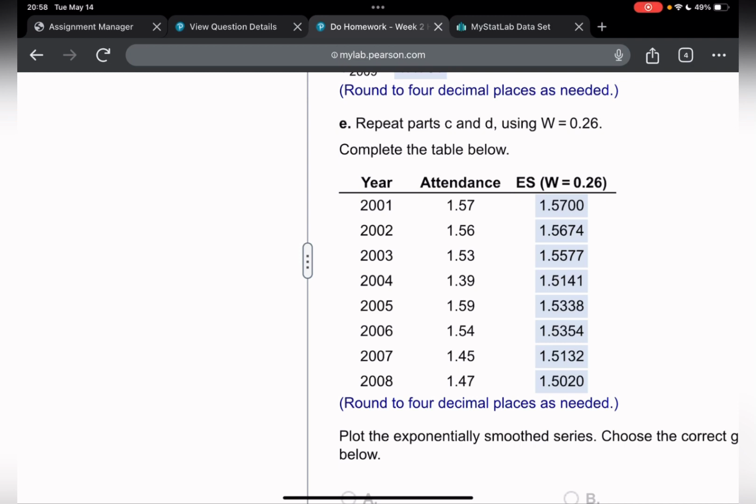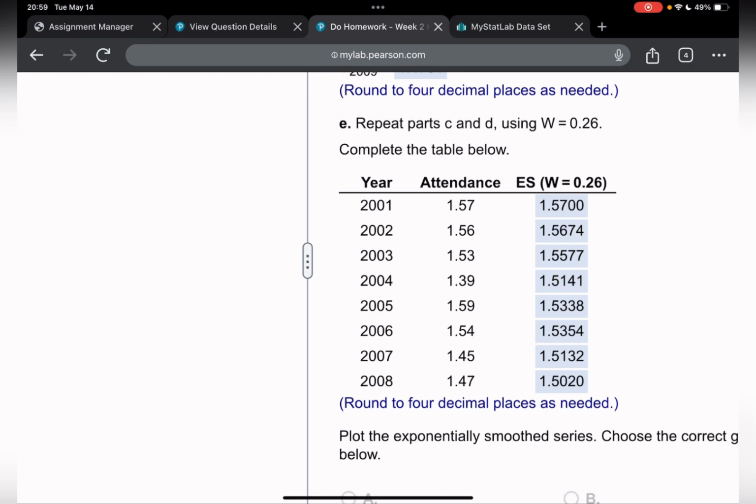Then 1.56, you add 1.57 plus 1.56 plus 1.53 and divide by 3, and you will get 1.5674. And then the next 3, 1.56, 1.53, 1.39, add them and put in front of 1.53, which will be 1.5577. I'll show you in the class, okay?